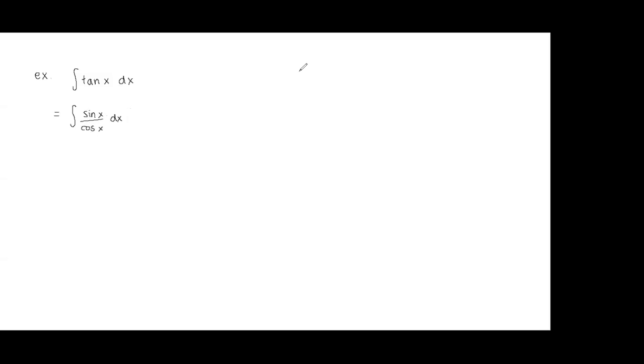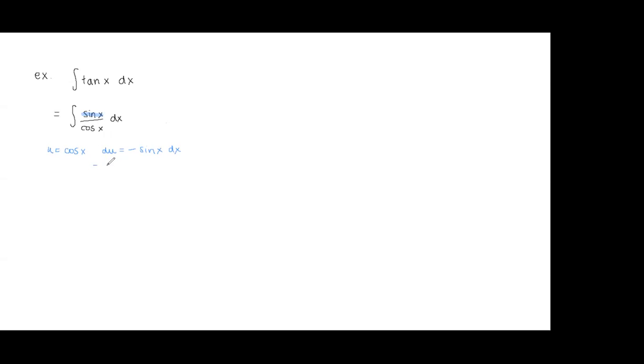So I'm going to start by doing that substitution by using u equals cosine of x. Then du would be the derivative of cosine of x, which is negative sine of x dx, which is actually pretty nice because now I have the sine of x that I can replace there, right?